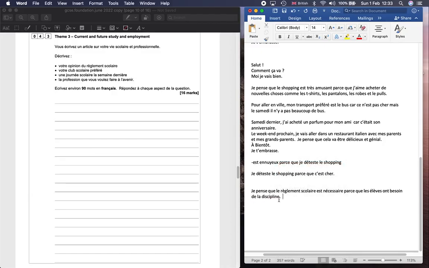Je pense que le règlement scolaire est nécessaire parce que les élèves ont besoin de la discipline. I think that school rules are necessary because pupils need discipline. Ok.